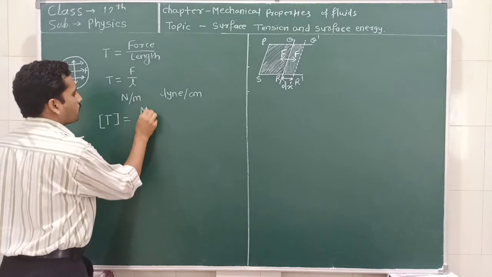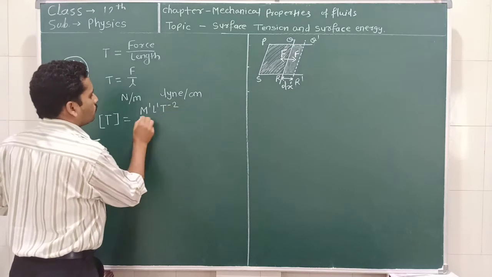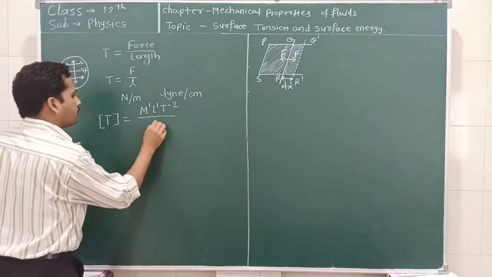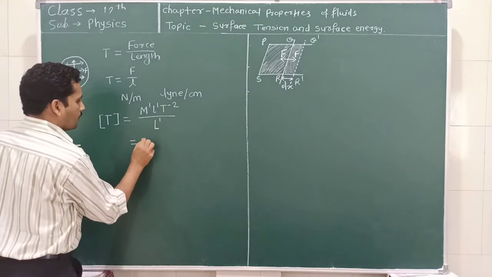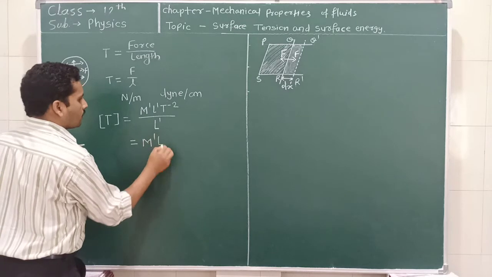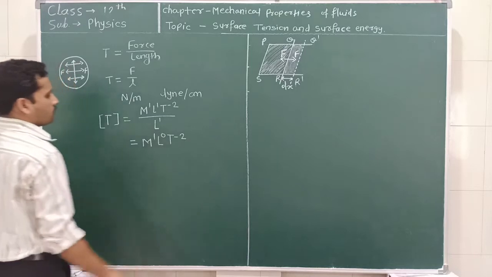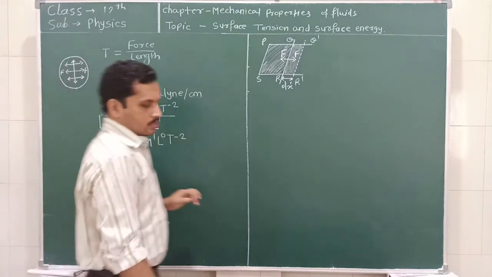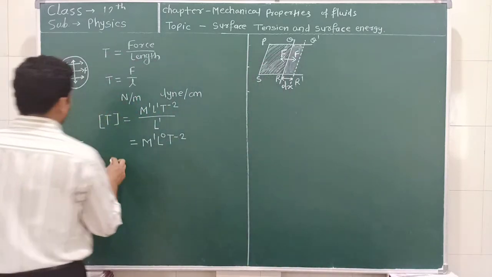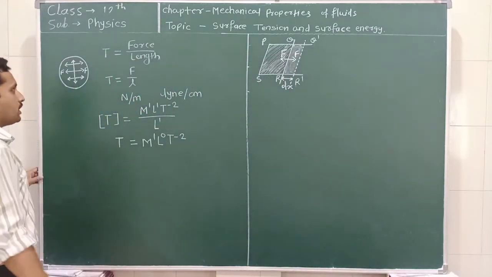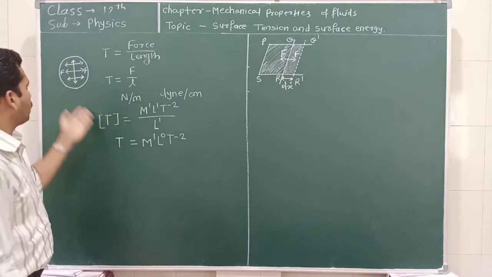The dimension of force is M^1 L^1 T^-2, and the dimension of length is L^1. The L^1 and L^1 cancel, and the dimension is M^1 L^0 T^-2. These are the dimensions of surface tension. So, here we defined surface tension and we also got the SI unit and dimension of surface tension.